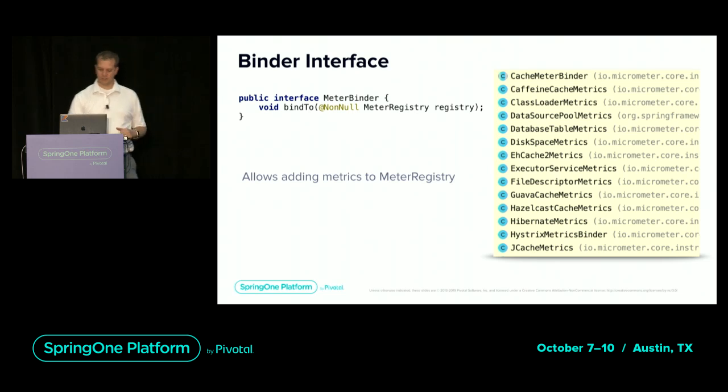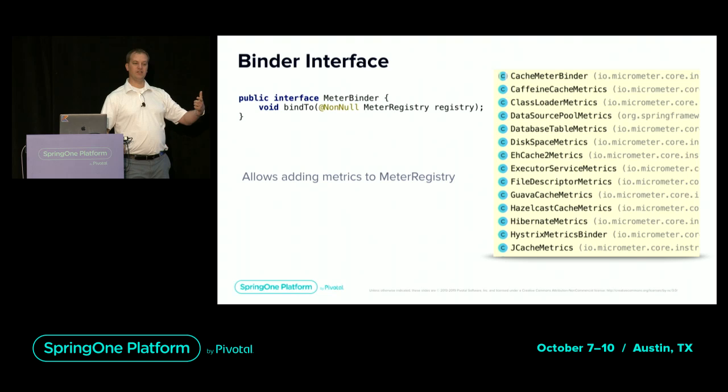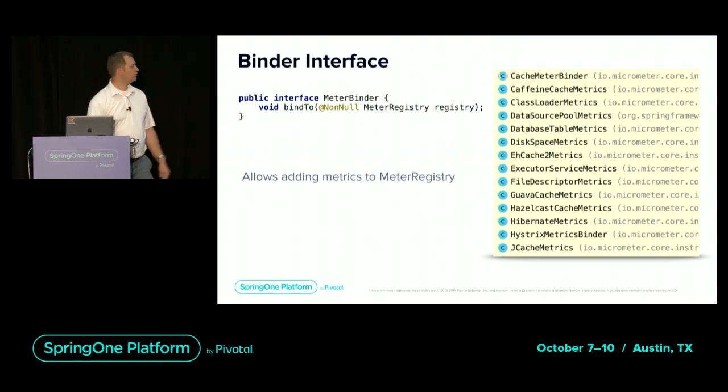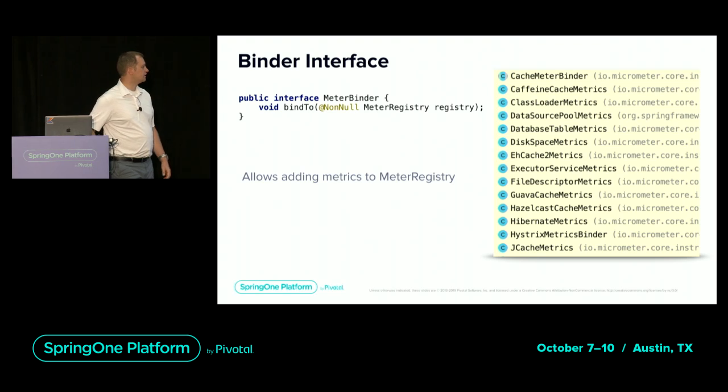So I'll demonstrate one of those. What's really nice is if you go look at that interface and find everything that's implementing that interface, you can look through and see what are all the meter binders that are available to me if there were some that you wanted to use. Like you might notice some like caffeine cache metrics, data source pool metrics, cache, executor service, file descriptor. So there's a lot of them.